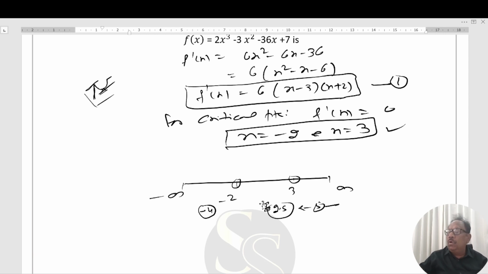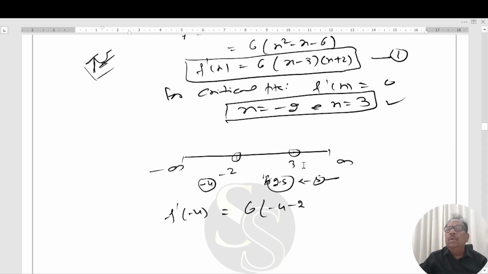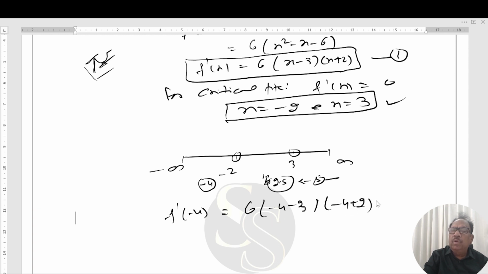Now check. f dash of minus 4 means 6 times (minus 4 minus 3) times (minus 4 plus 2). Negative, negative, positive.